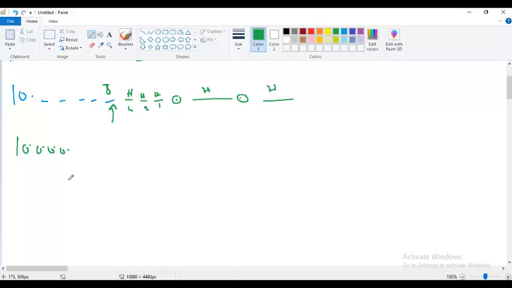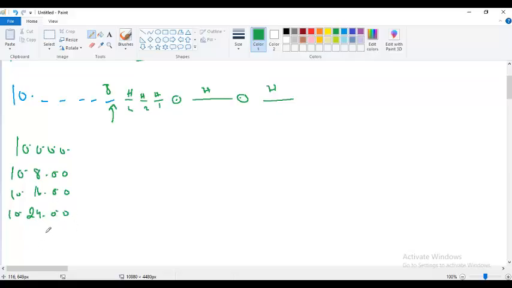The second network is going to be 10.8.0.0, 10.16.0.0, 10.24.0.0, and it goes like this.